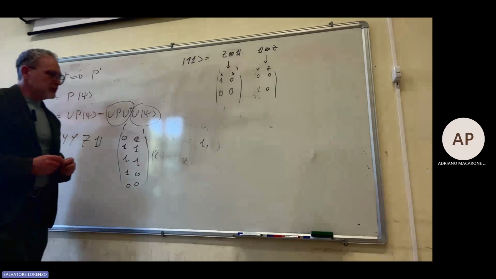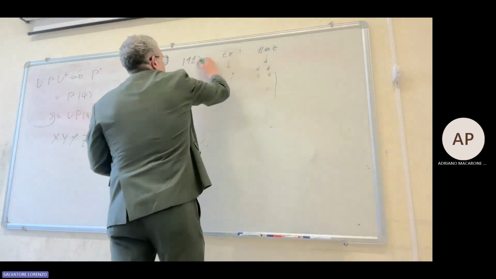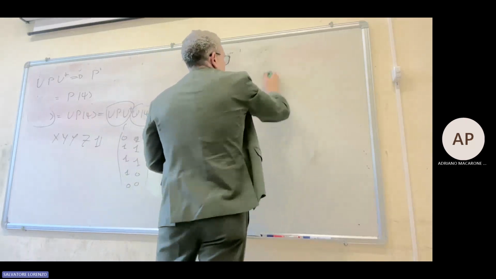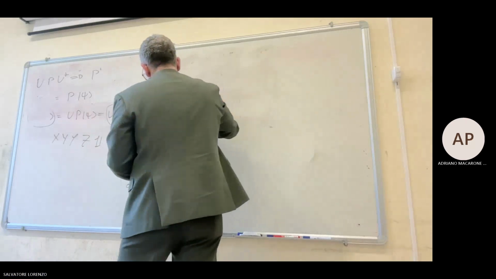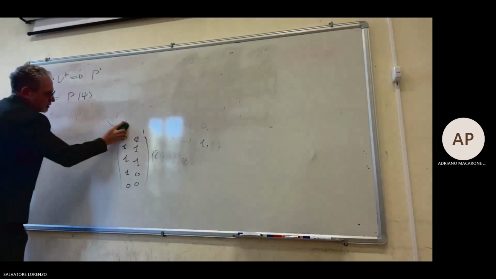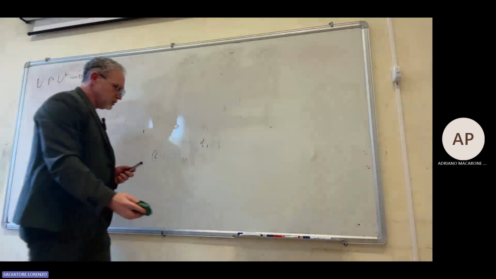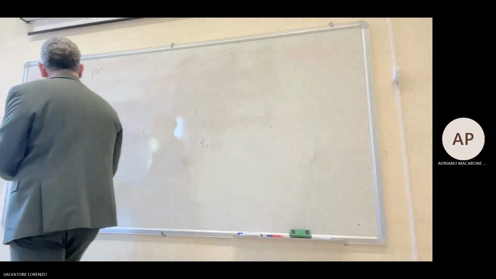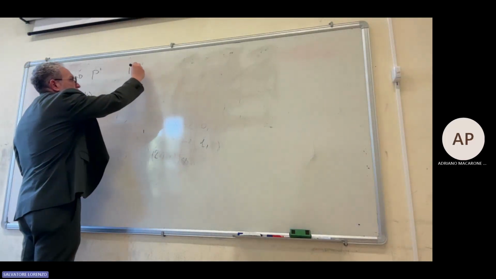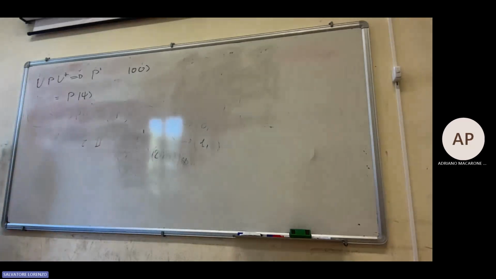The thing that I want to show you is what happens with Clifford operators. Let me put it in another way. Suppose that we start from a 2-qubit state, to keep it simple, at 0, 0.